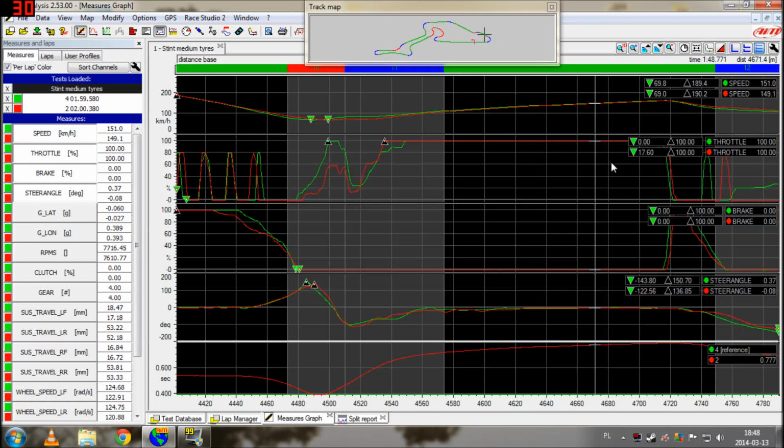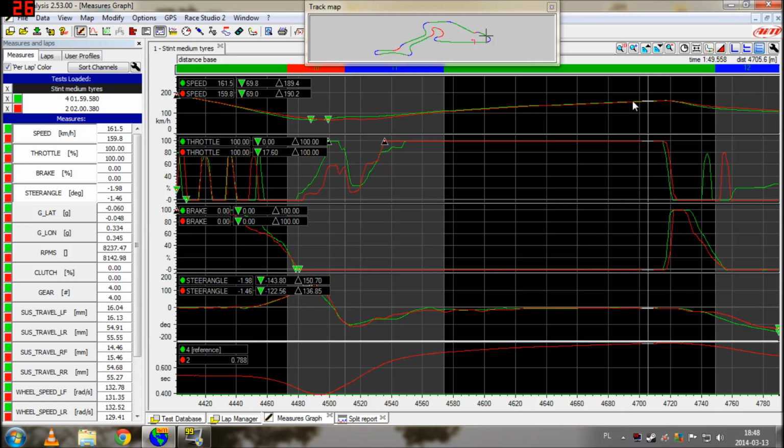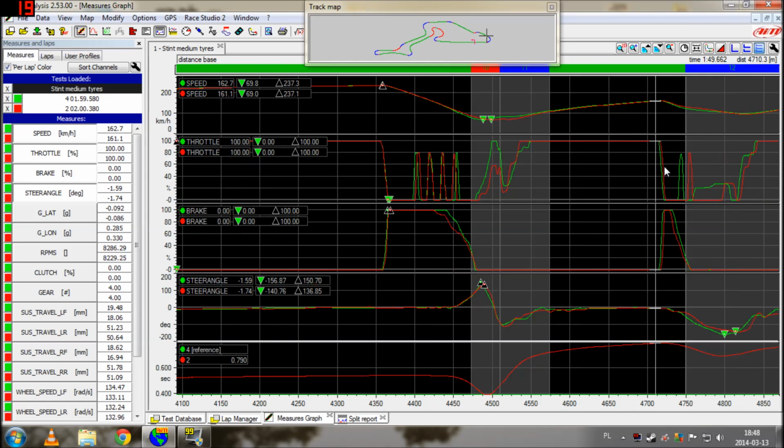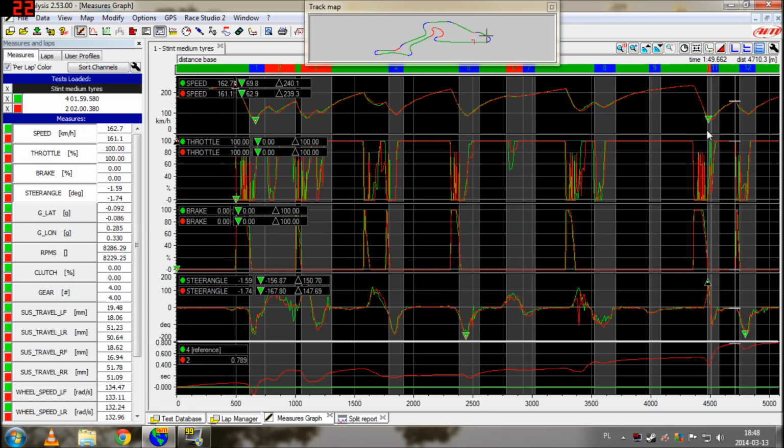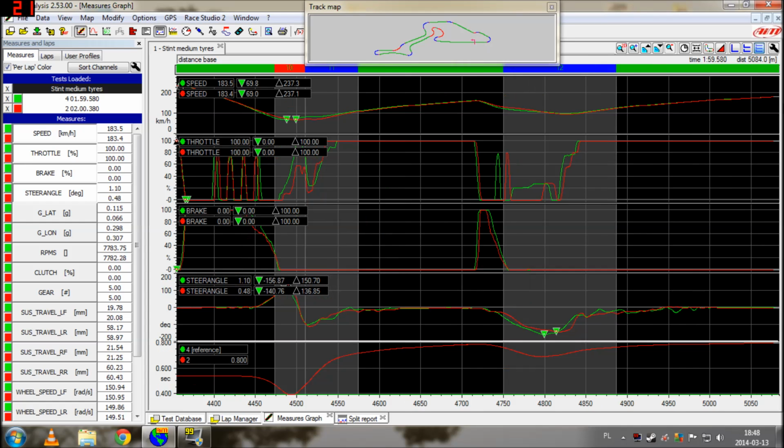Of course, okay, and we are approaching the last corner. What happens here? The gap is already almost 1/8 of a second. And what happens again? Okay, let's zoom. Okay, here, look at that.